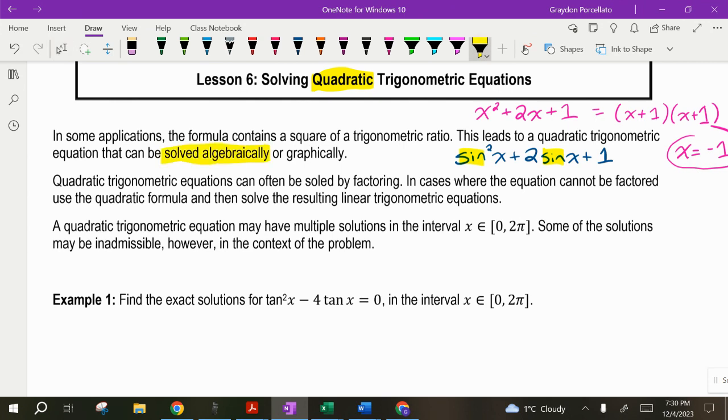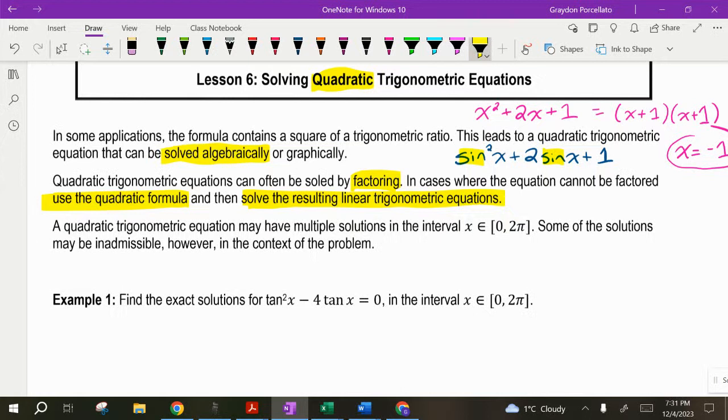Quadratic trigonometric equations can often be solved by factoring. In cases where the equation cannot be factored, use the quadratic formula and then solve the resulting linear trig equations. So you could have to use the quadratic formula. That could come up on a test or exam or your assignment.